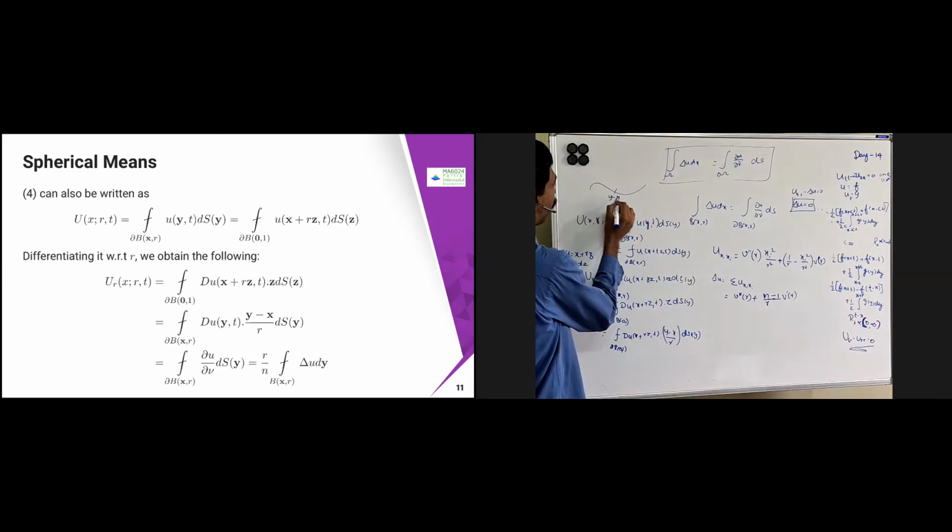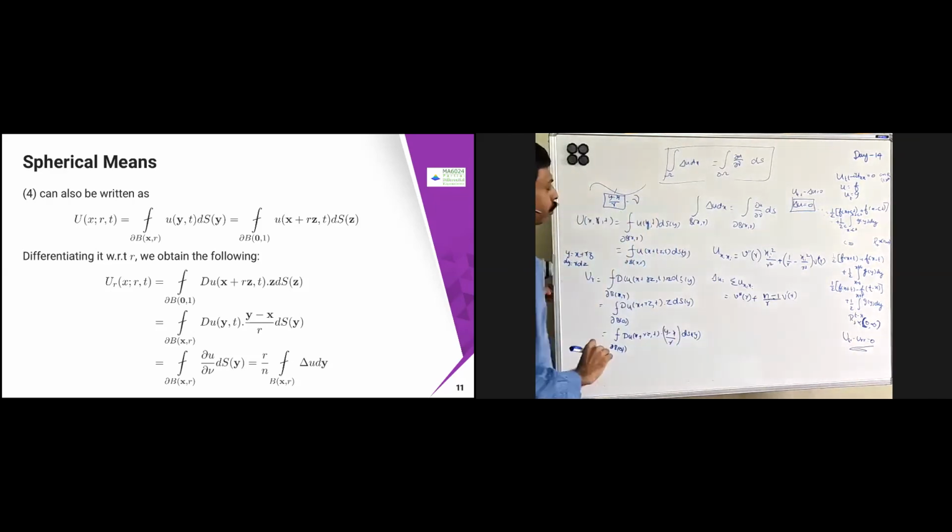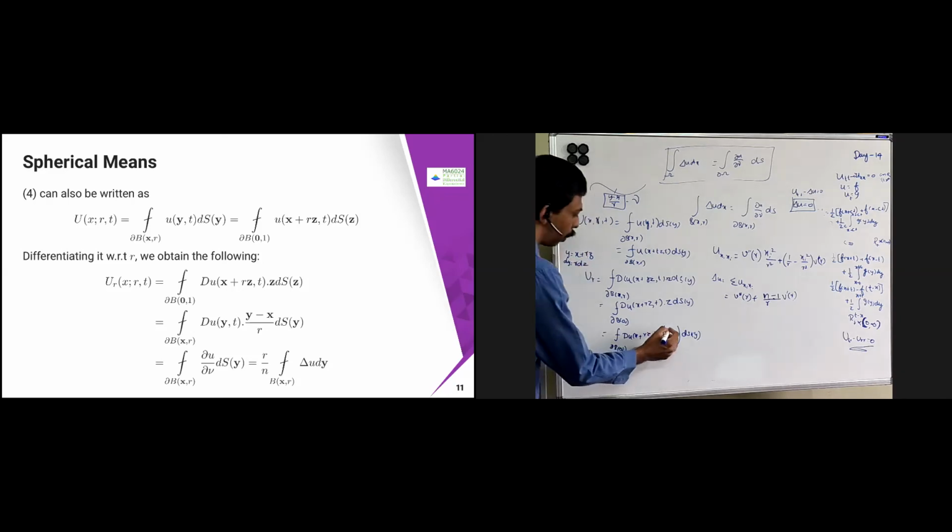In the case of the spherical mean, it denotes the unit normal. I am taking y minus x and dividing by r, so dy by dz is going to be r, and that gives me the new value, nu.